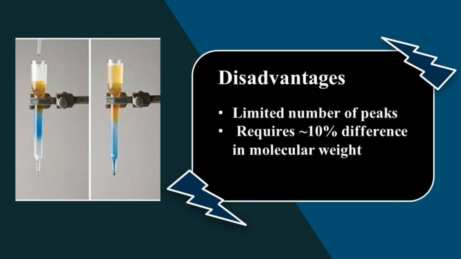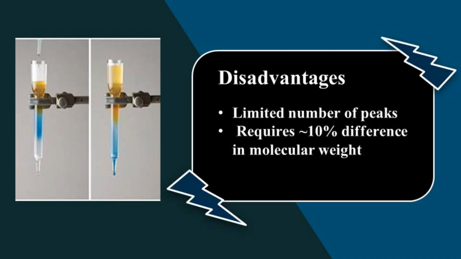Also, the limited sample capacity: the gel filtration chromatography column is typically limited compared to other techniques. Larger sample volumes or samples with high concentrations of target molecules may overload the column, resulting in distorted elution profiles and compromised separation efficiency.